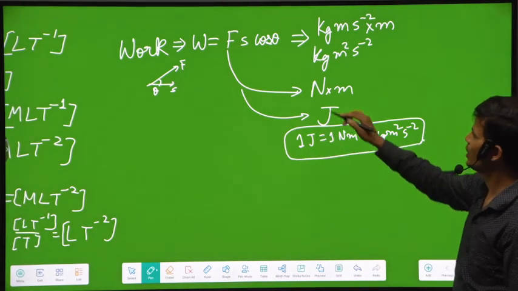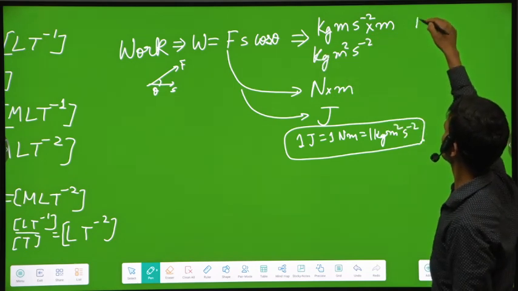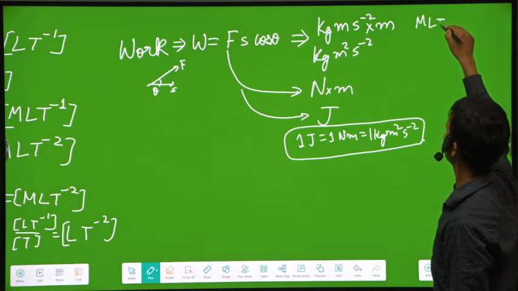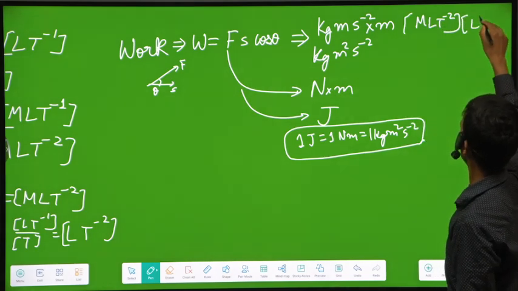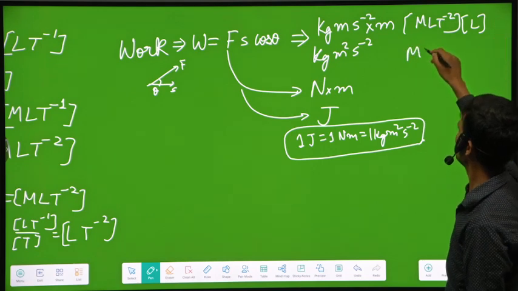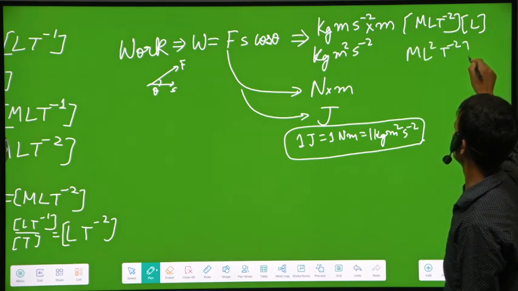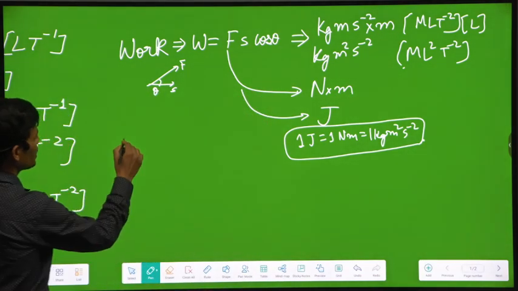Everything is the same. Now moving on, the dimension of force is M L T minus 2, multiplied by L for distance, which is dimensionless, so it will be ML2 T minus 2. Okay, just leave it there.